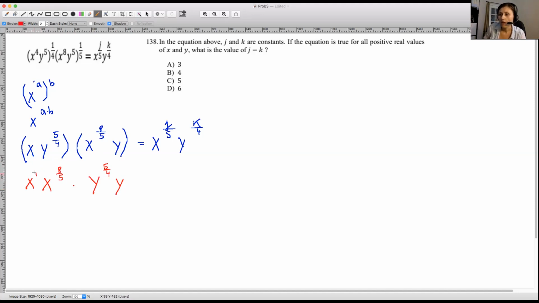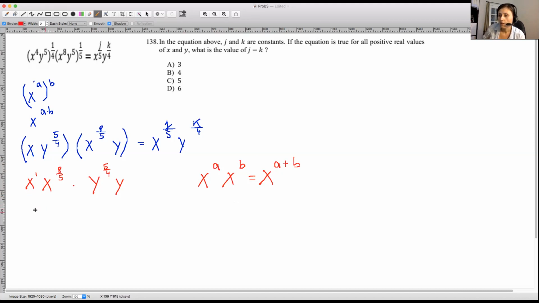Now for this particular rule, when you multiply x to some power by x to some other power, say x to the power of a times x to the power of b, it will be x to the power of a plus b. So this is a different rule that you have to apply.